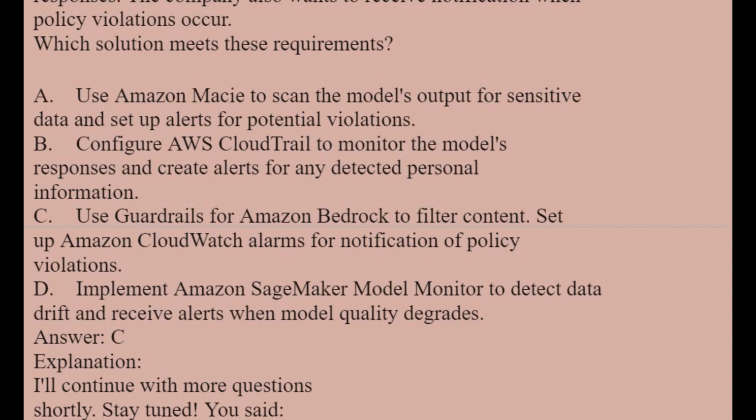Option C. Use guardrails for Amazon Bedrock to filter content. Set up Amazon CloudWatch alarms for notification of policy violations. Option D. Implement Amazon SageMaker Model Monitor to detect data drift and receive alerts when model quality degrades. Correct answer is option C.